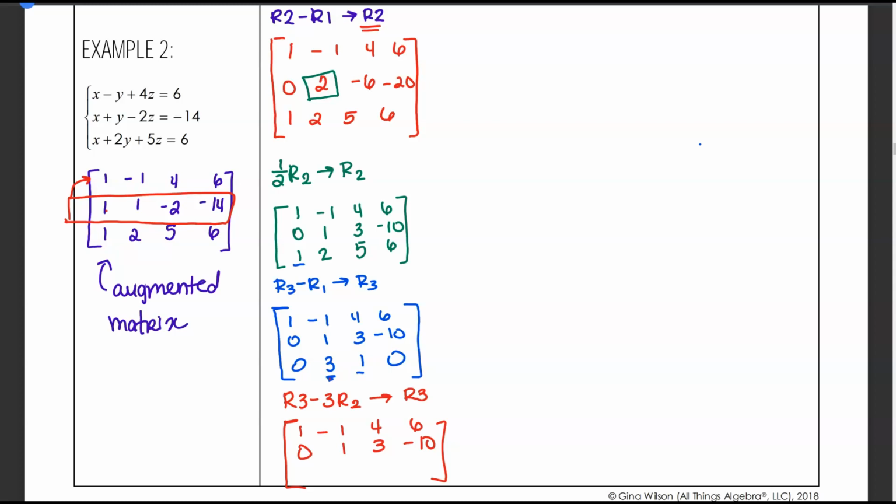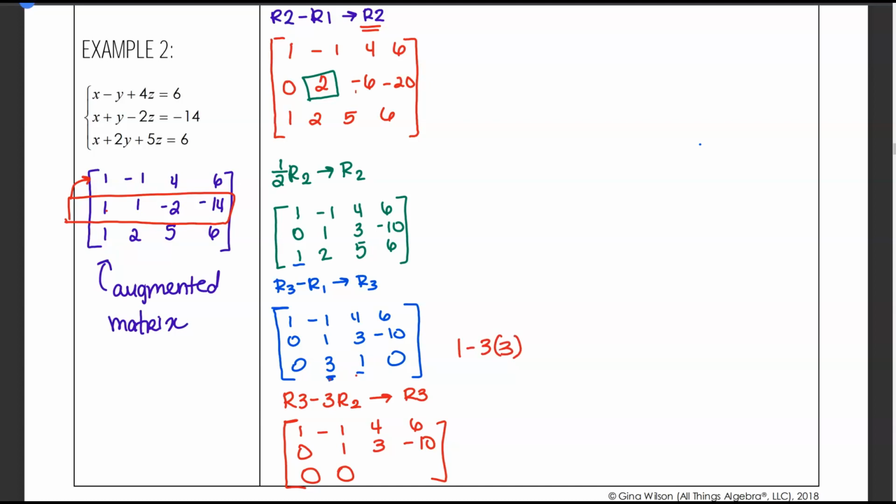So 3 minus 3 times 1 is going to be 0. So I got that 0 there that I wanted. And now I'm going to have 1 minus 3 times row 2. Actually, did I drop a negative?